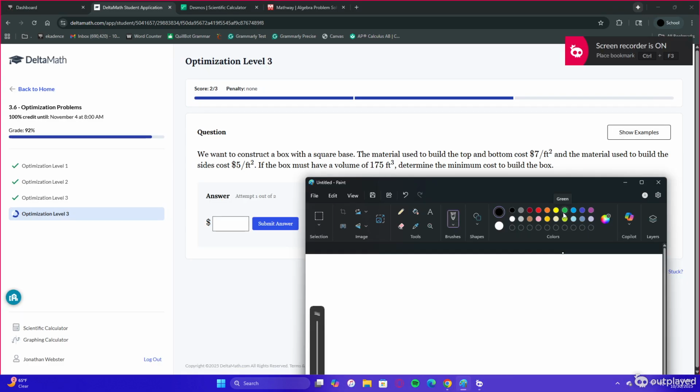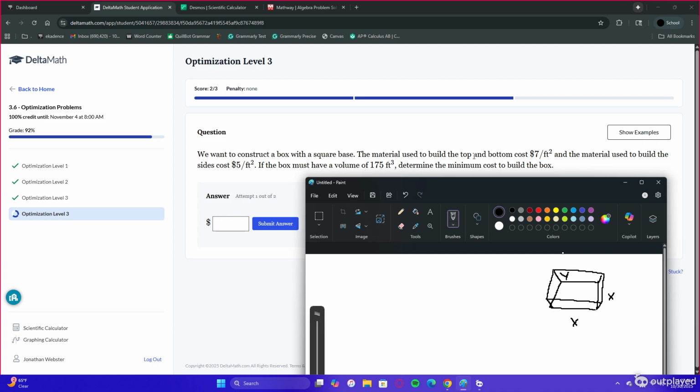Okay, and now we're given a question where we construct a box with a square base. So we just have a normal square, and now it's like a box. And because it's a square, its length is going to be x, its width is going to be x, and its height is going to be y.